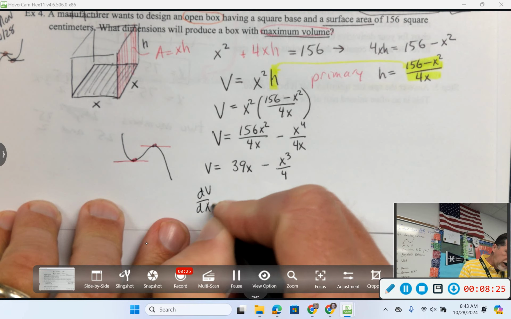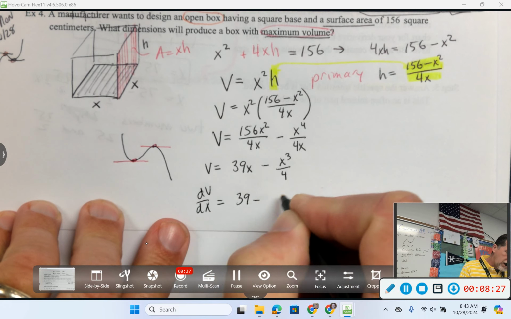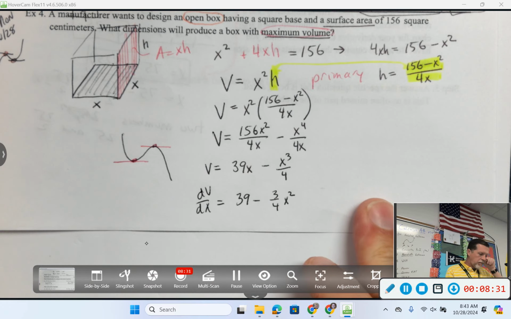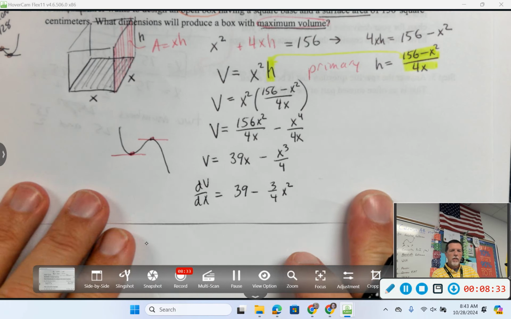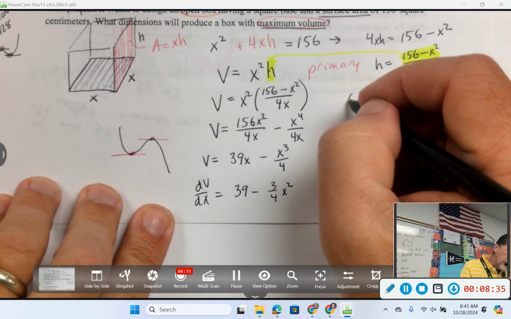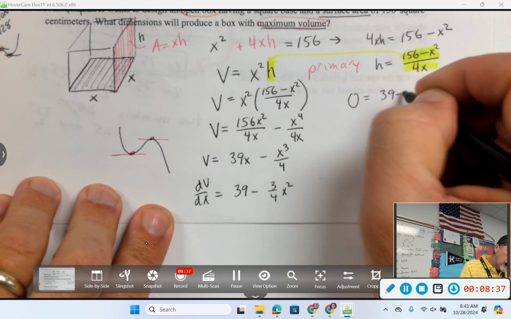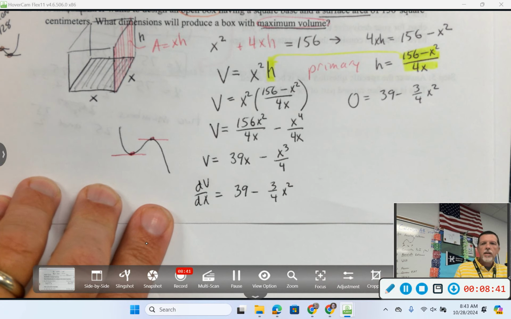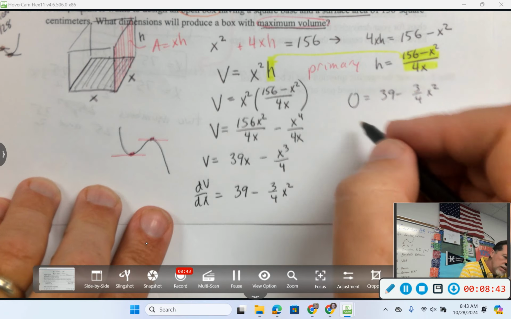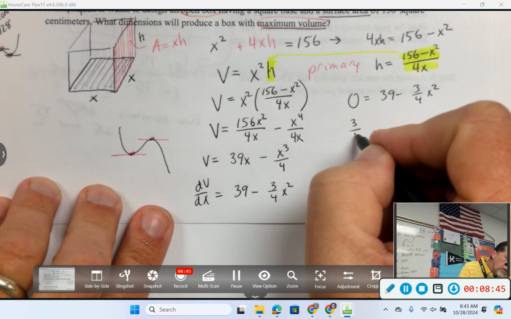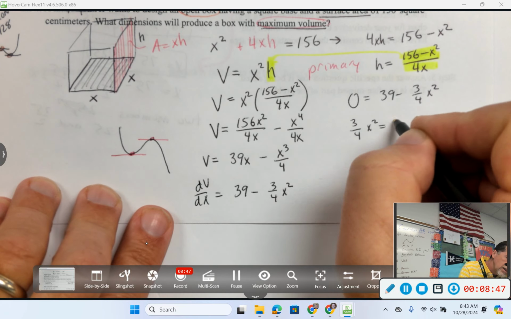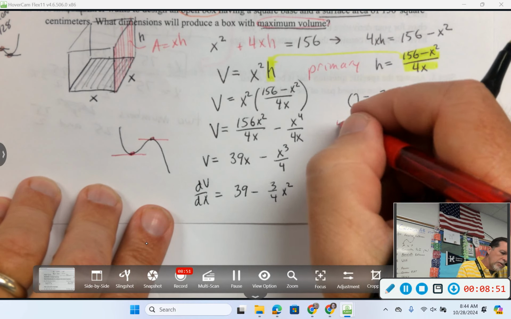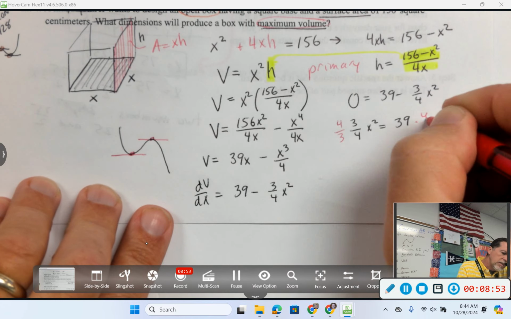Alright, dV/dx equals 39 minus 3/4 x squared. Set that equal to 0. So I'm going to move the 3/4 x squared over, and then multiply by 4/3.